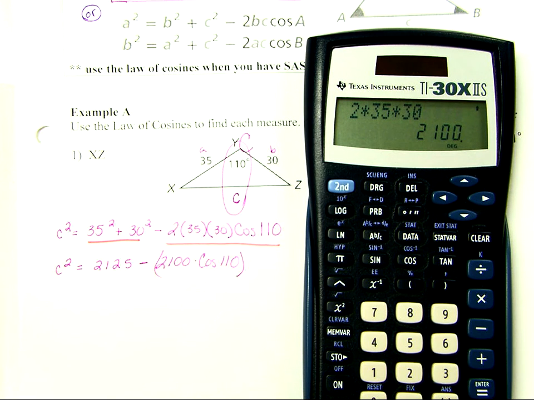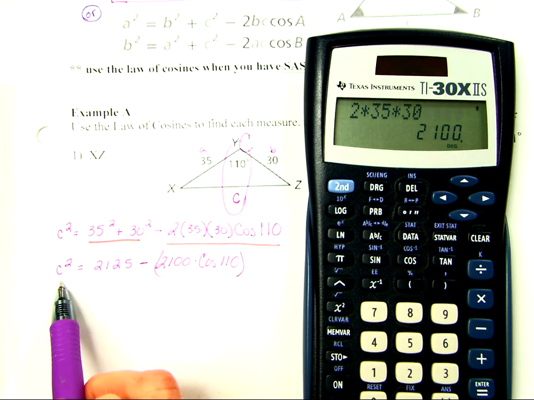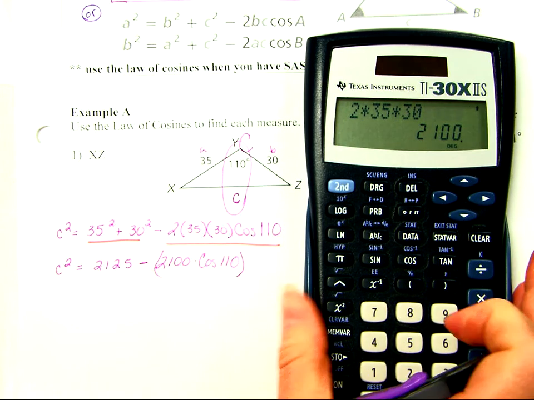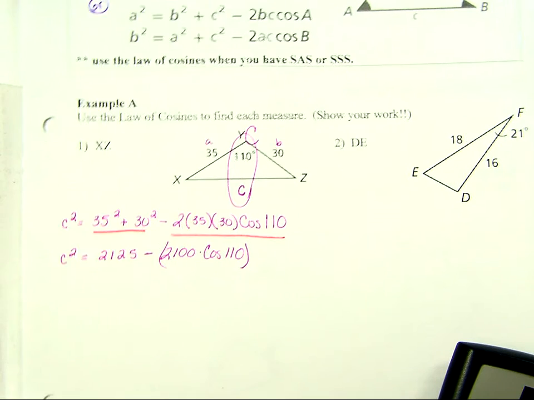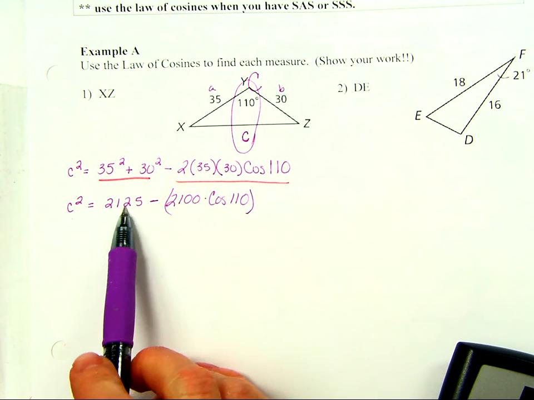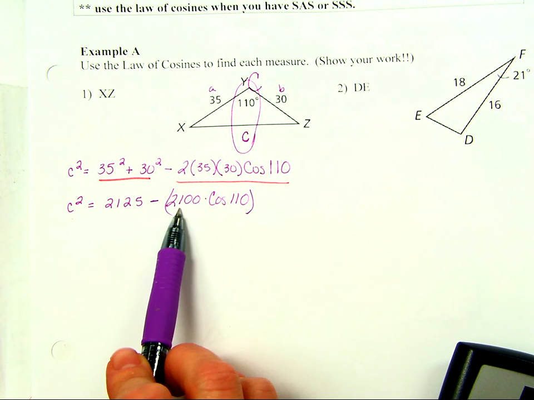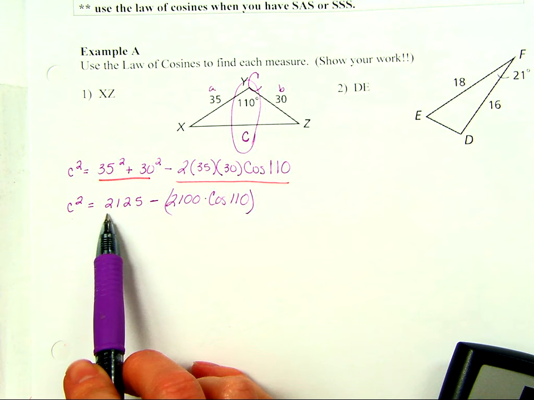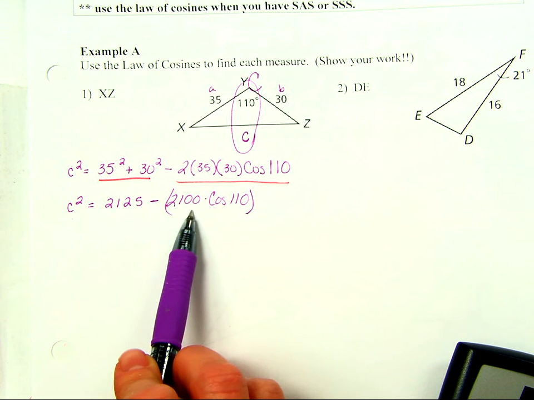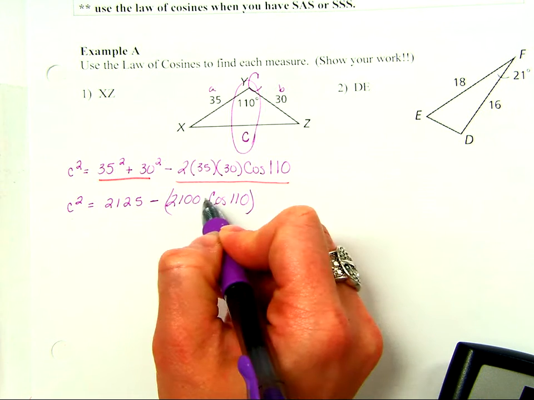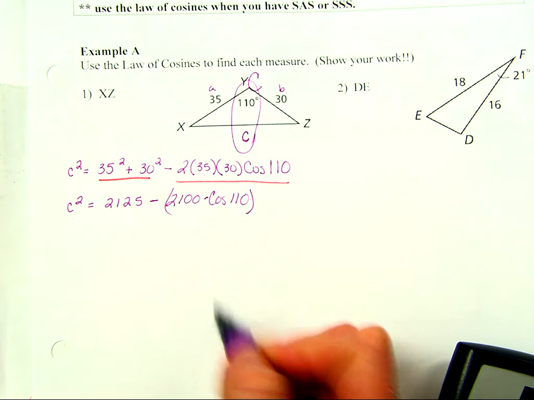Now, would you agree that in order to solve for C, in the end, I'm going to have to take the square root? Okay. Now, a common mistake is that kids want to go ahead and subtract this. But I cannot subtract 2125 minus 2100 because this is being multiplied by the cosine of 110.